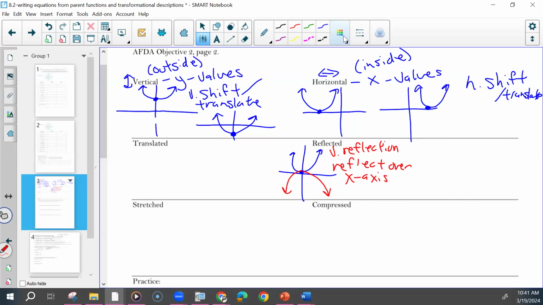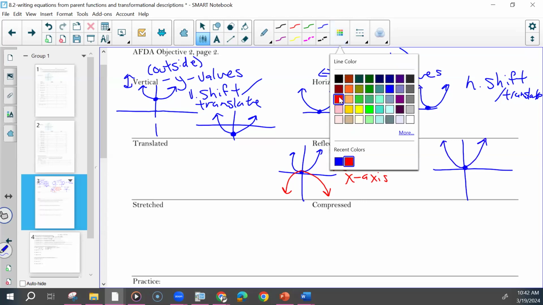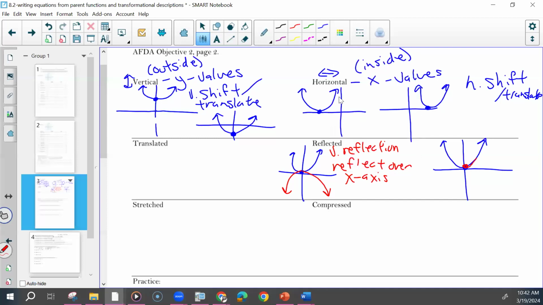And then there are horizontal reflections, which we'll deal with very infrequently, but if I have my parent function that starts at the origin, horizontal reflections just do this. So it doesn't really look like it changed. It looks like it flipped over top of it. I'm going to attempt to draw this, but I'm not an artist. But it's moving around the y-axis. So that would be a reflection over the y-axis, and then we'll stop there.